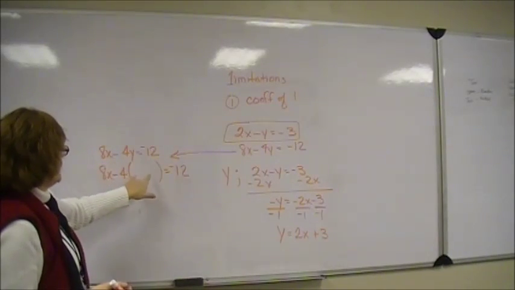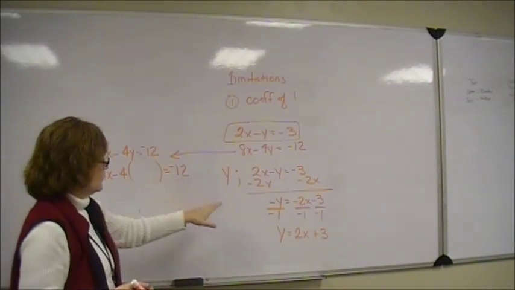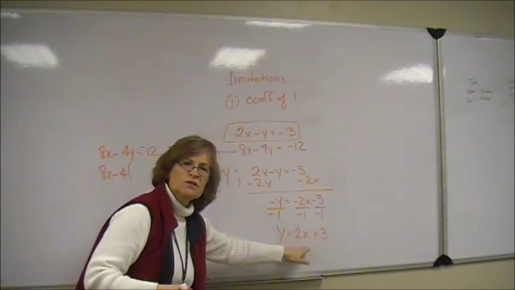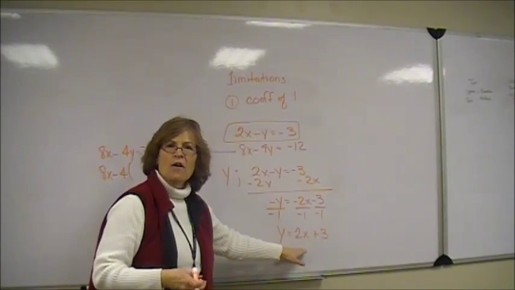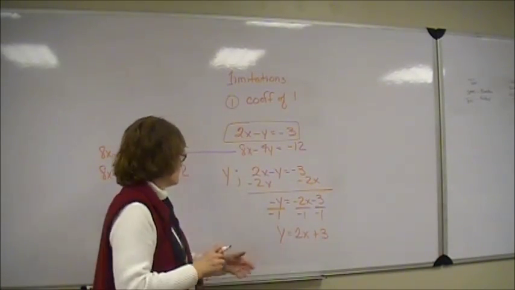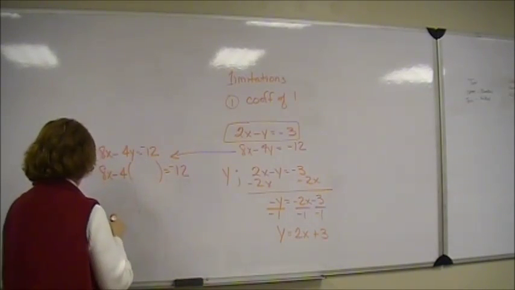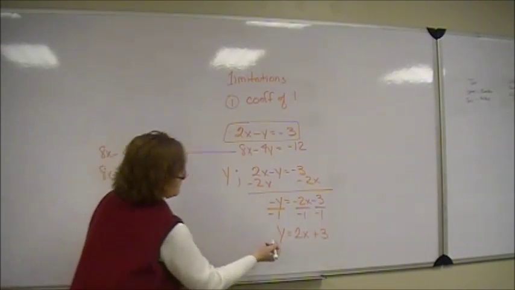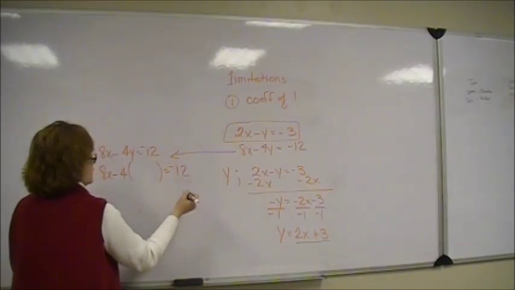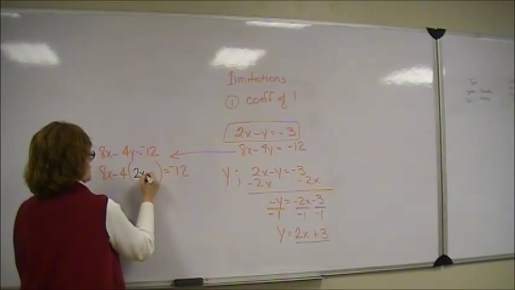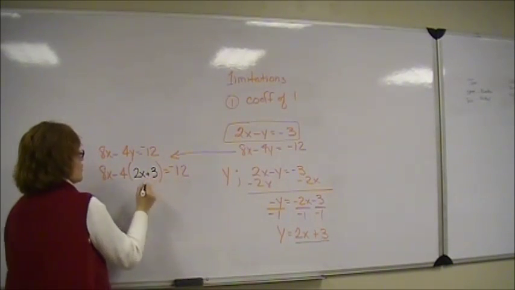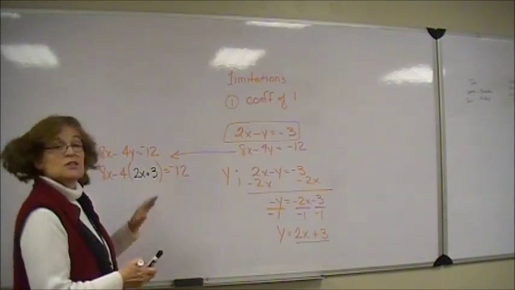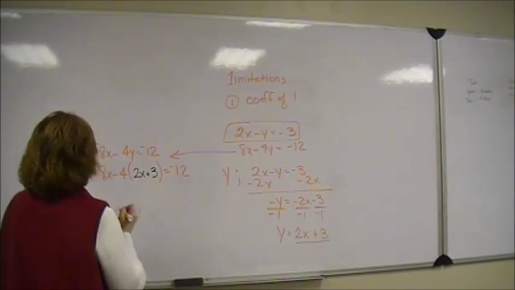And in the place of y, I'm going to substitute the value of 2x plus 3. So I'm going to take this value and put it in here, 2x plus 3. Now I'm going to solve this equation.